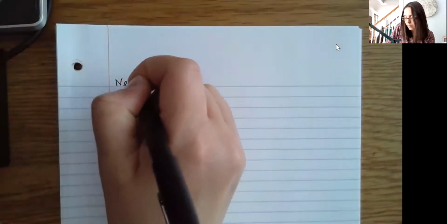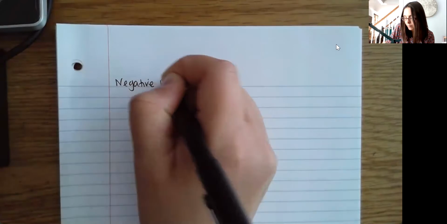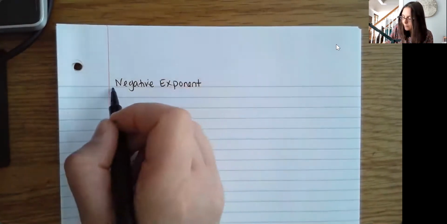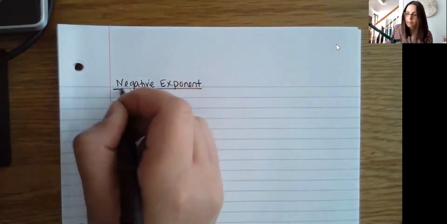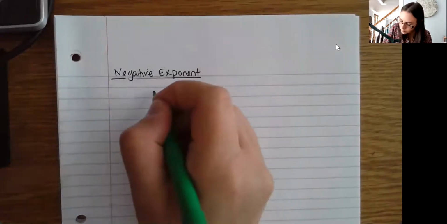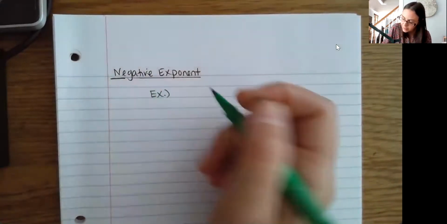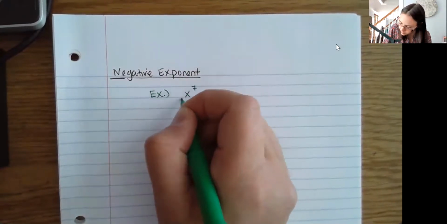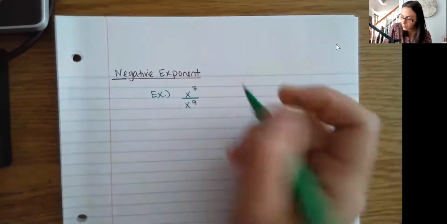All right, and the other thing that can happen is we could have a negative exponent. So for example, let's say I'm using that quotient rule, and I go to simplify.